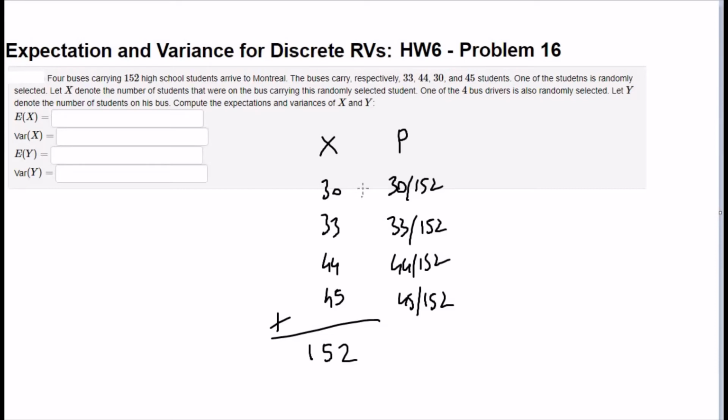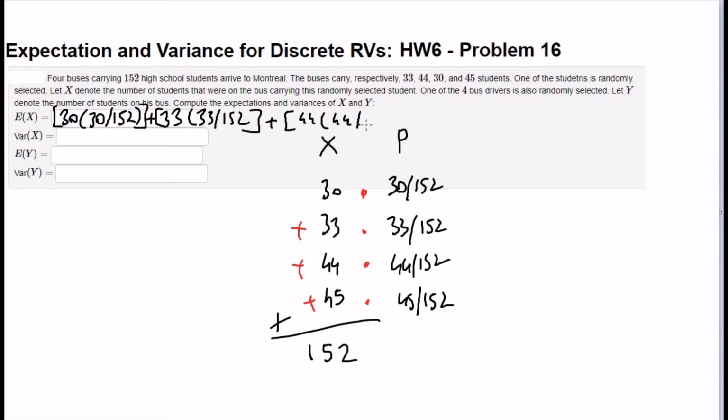And expectation will be X times P plus X times P plus X times P plus X times P. So the expectation here will be 30 times 30 out of 152 plus 33 times 33 out of 152 plus 44 times 44 out of 152 plus 45 times 45 out of 152.